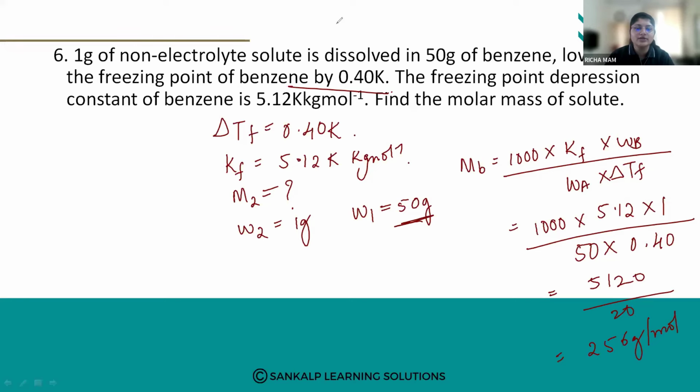Okay, what about others? Others have also got the same. Okay, good. So gram per mole is very important. The units are very important. So as I'm telling you, when you're practicing the problems, practice in such a way that you write stepwise.